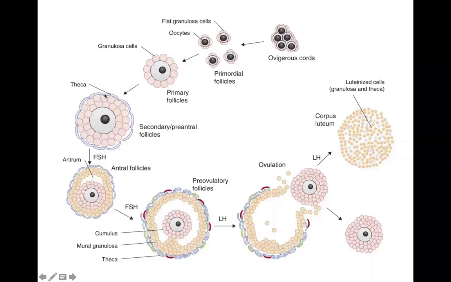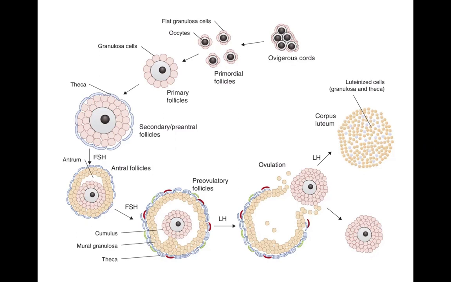Now, what is happening? This is under the influence of FSH primarily, and it results in the granulosa cells. At this point, there is formation of the antrum, the fluid-filled cavity, which is helping in the process of ovulation.